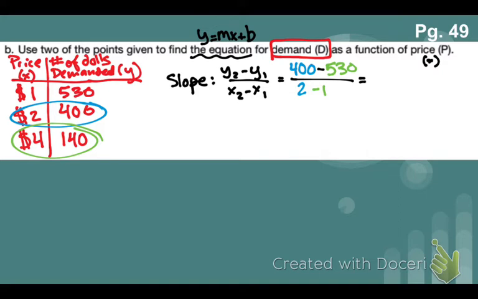Can we have a negative slope? Yes, you can have negative slope. It just means that as the price goes up, the amount of the demand goes down. So our demand goes down by 130 for each dollar.